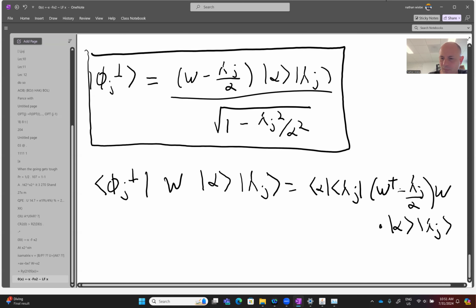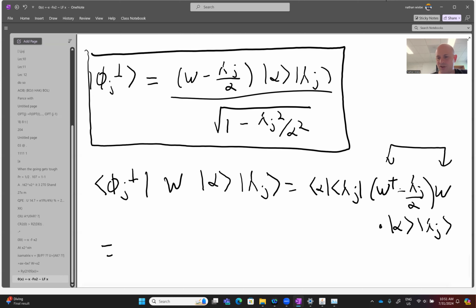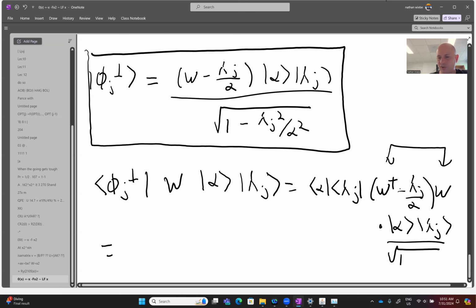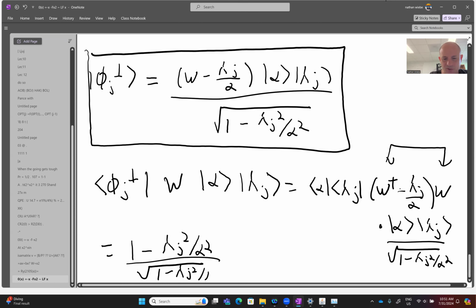All right, so this is actually easy. These two unitaries are going to kill each other when applied, and the remainder is just going to go through. Oh, and sorry, I forgot about the normalization factor, 1 minus lambda j squared over alpha squared. So this gives us 1 minus lambda j squared over alpha squared from the numerator divided by 1 minus lambda j squared over alpha squared from the denominator, which of course is equal to the square root of 1 minus lambda j squared over alpha squared.